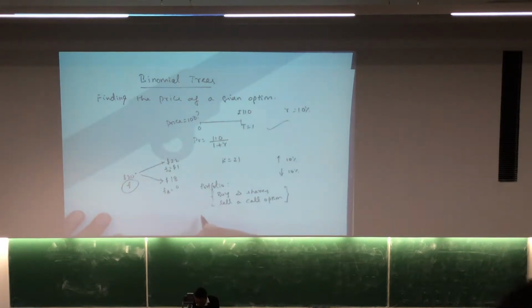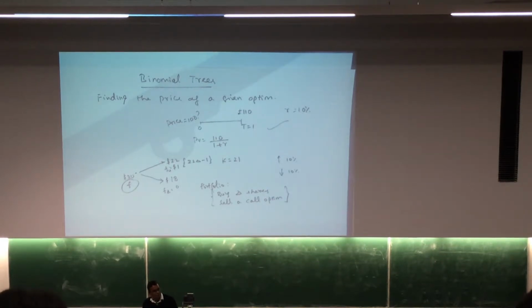If this is the case, my portfolio value is going to be 22 delta minus 1. How many of you agree with that? I have bought delta number of stocks. When the stock price has moved up to 22, do you think my portfolio value from the stocks is 22 times the number of stocks I am going to hold? Yes or no?